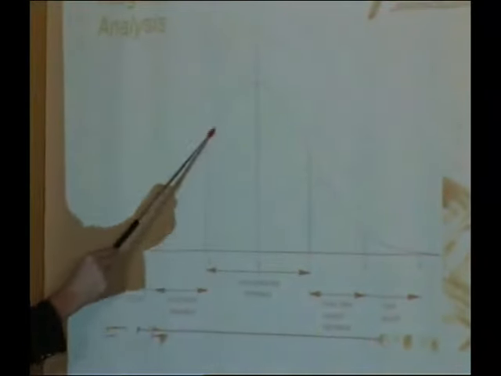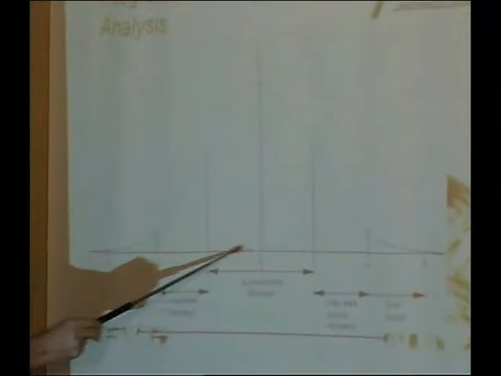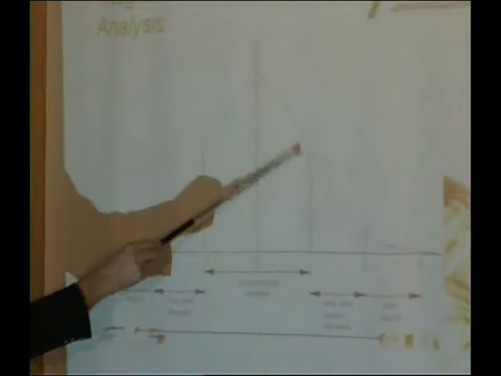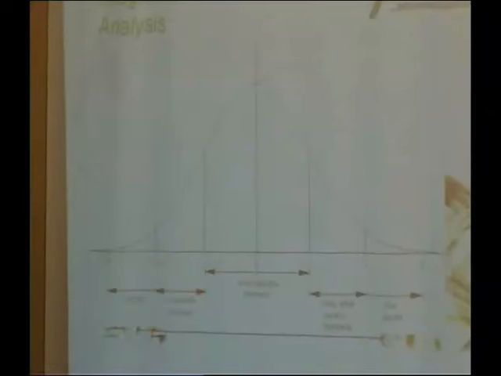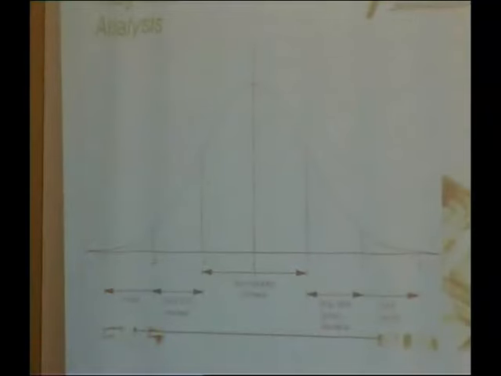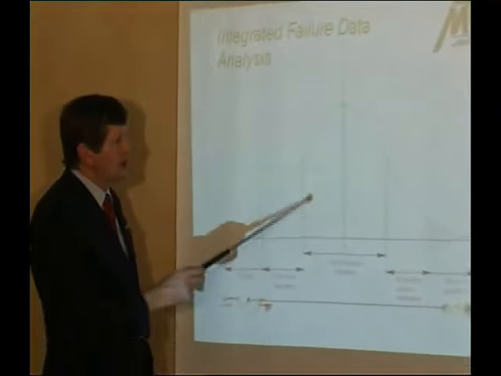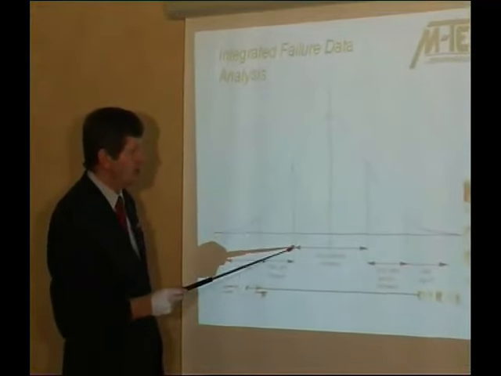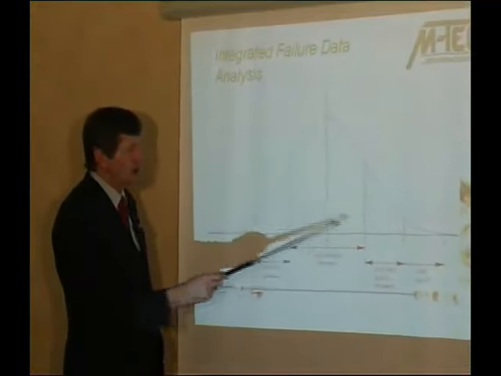So this area here represents 68% of the area under the curve. It says that in 68% of the cases, failure or non-failure data sets without a trend will fall in this region, between -1 and +1.